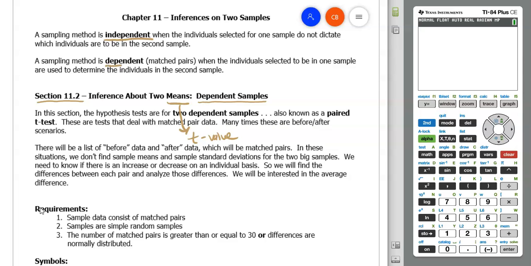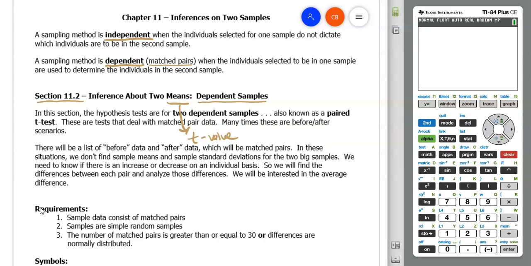However, with dependent samples, meaning completely, 100% dependent, we also use the term matched pairs. That means that whenever an individual is selected for one group, that by itself determines the corresponding individual in the second group.